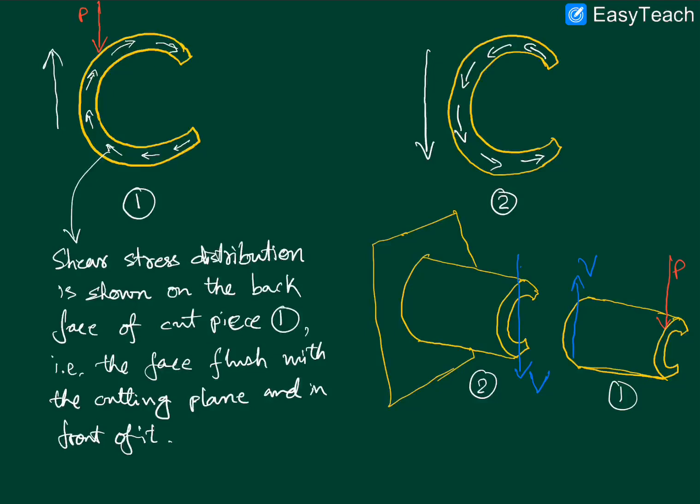So which cut piece are we talking about? How is that kind of a shear stress distribution balancing this? That is not clear. I'm not saying that what is shown in the textbooks is wrong, but it is kind of very confusing. So I thought that I'd make this point very explicit and very clear. So I hope you guys understand this.